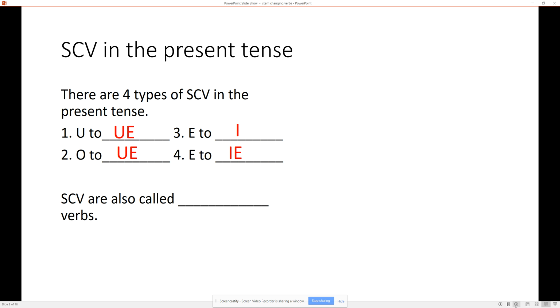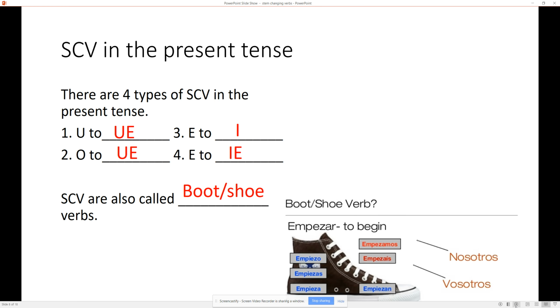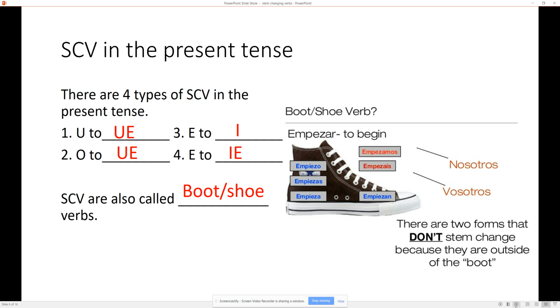Stem changing verbs are also called boot or shoe verbs. Now take a look here. The reason why we mention it is if you see yo, tú, he, she, and they, all of these are going to have the change. So we see that empezar is an E to IE verb. However, nosotros and vosotros, empezamos and empezáis, do not change the stem.